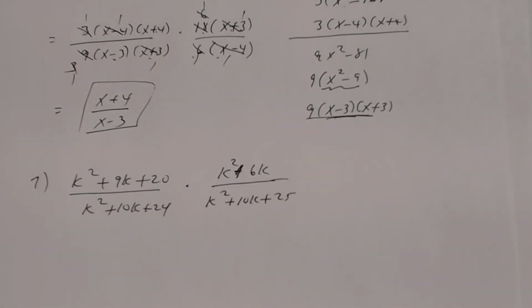Okay? So I have those two rational expressions that I'm multiplying together. And so the first thing you want to do is factor all of your polynomials.